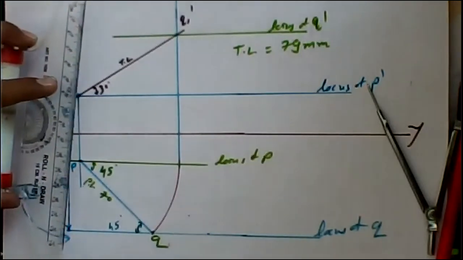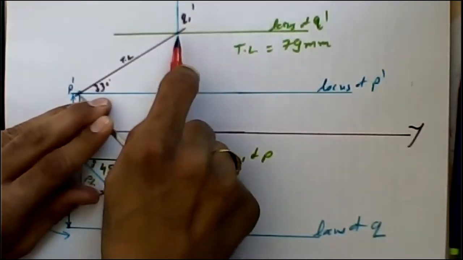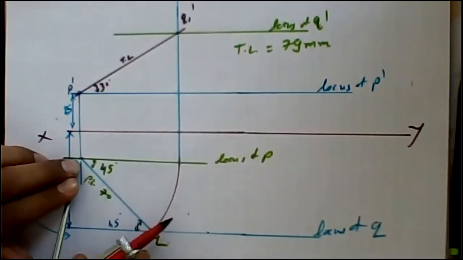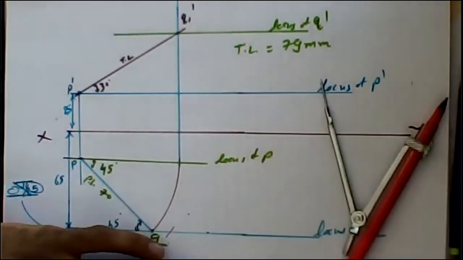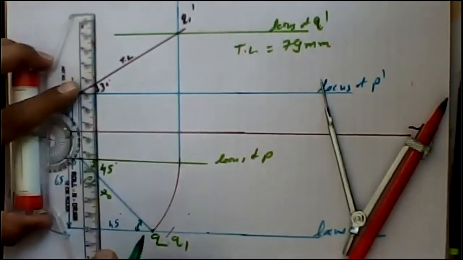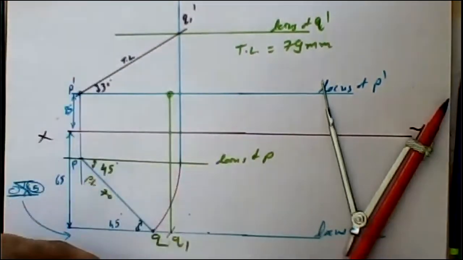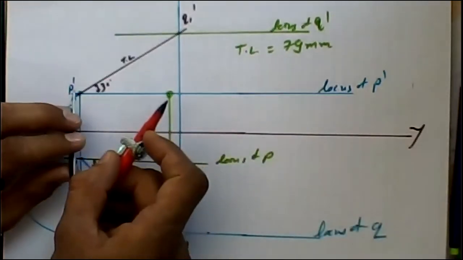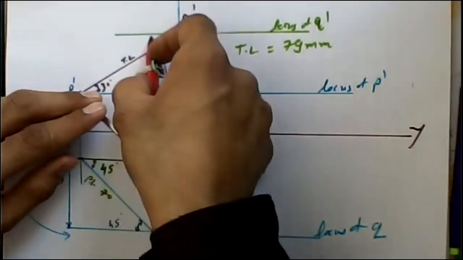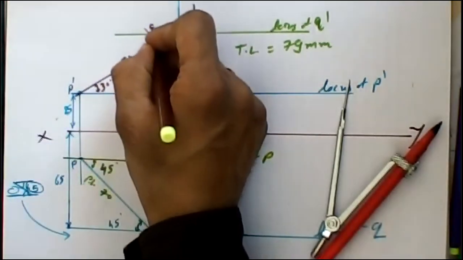Okay, now we can have the true length transferred in plan also. So I'm transferring this true length in plan. This point is going to be called Q1. Now let me transfer its projection from here. We'll be framing a straight line up to this point, and then we'll be framing an arc. So this point is going to be called Q dash.